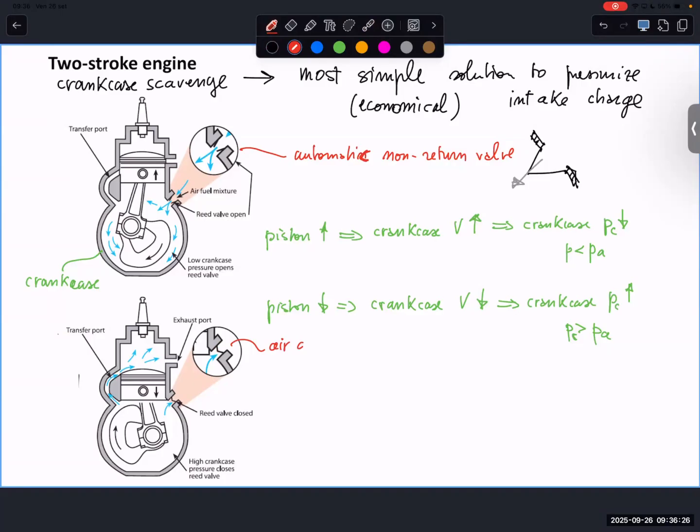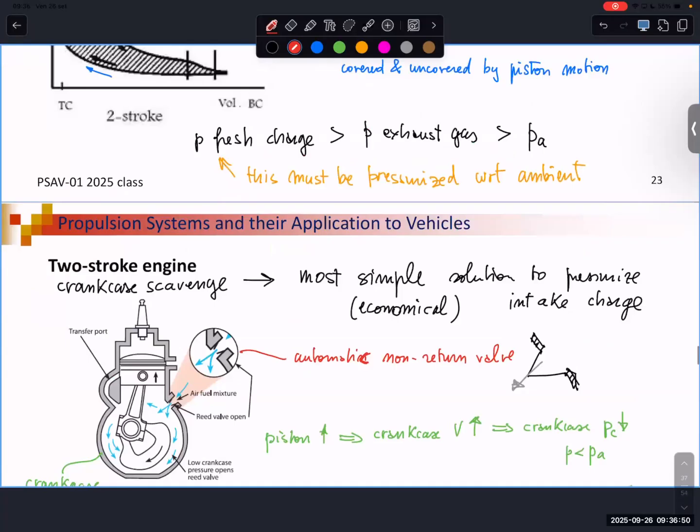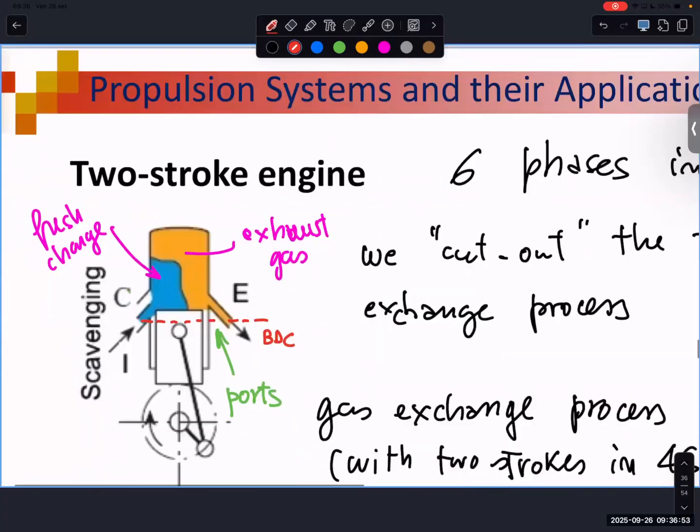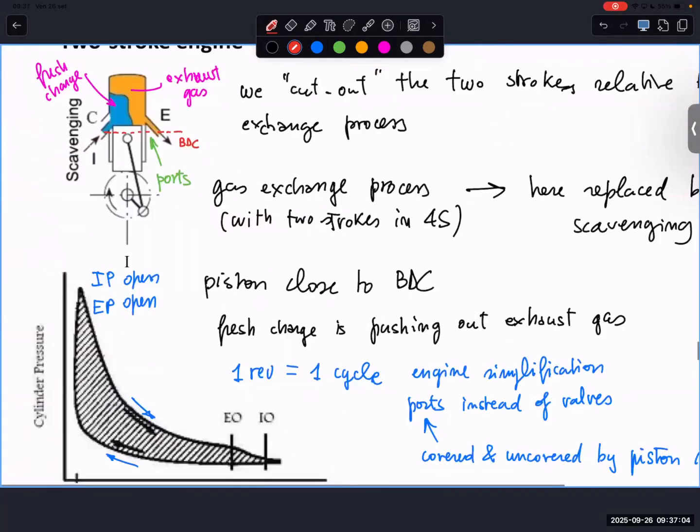Air or mixture. Let's call it charge in general. But it is pressurized. This is the way in which we can pressurize the charge that has to enter the engine during the intake phase, and to have this scavenging process.